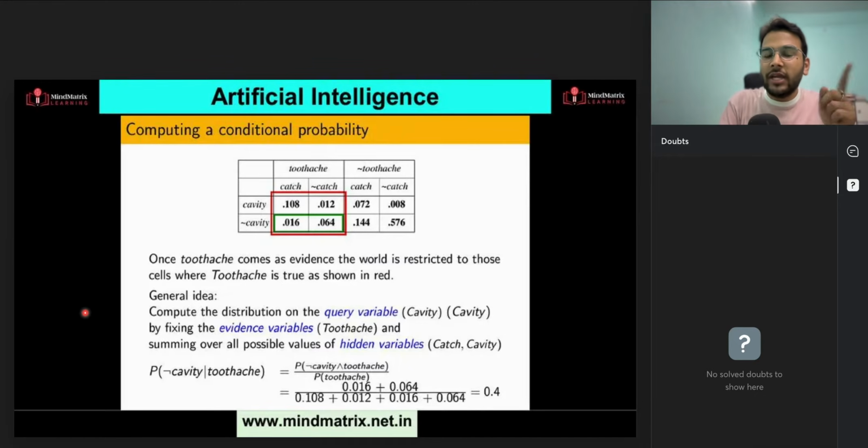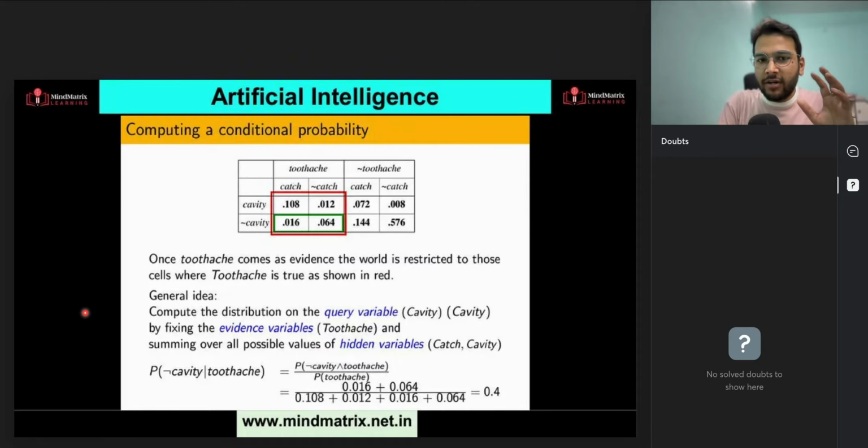Apart from toothache and catch, don't you think there can be many more random variables possible? Yes or no? There can be more evidence possible that we are not even considering here. There can be some hidden variables also, right?